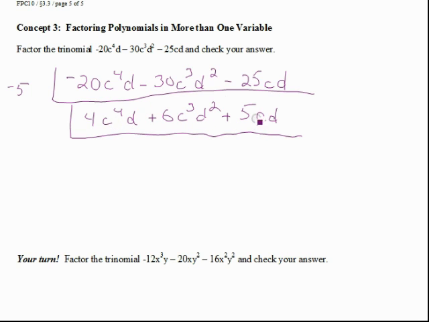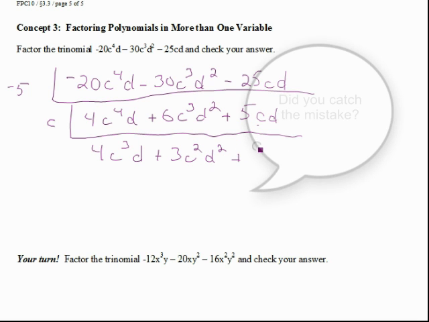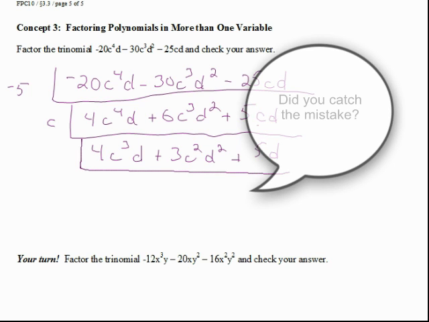There's only one c in here, so I can only take one c out. So that becomes 4c cubed d plus 3c squared d squared plus 5d. And then let's look at the d's. Again, the smallest is 1, so I can only take out a d. So that is 4c cubed plus 3c squared d plus 5.